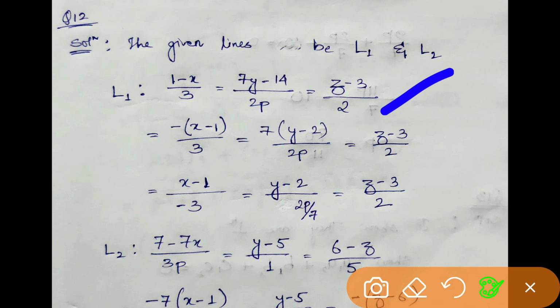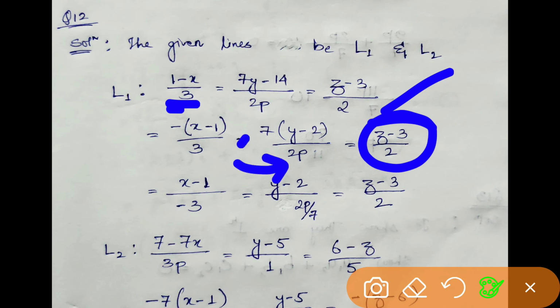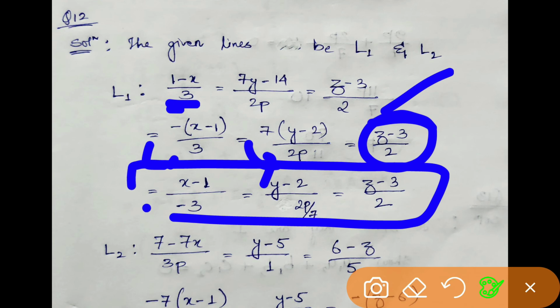So I will bring x, y and z in front and make their coefficients 1. I have taken minus common so that x becomes positive and comes in front. Here I have taken 7 common. Here nothing has to be changed. This I will take to the denominator because I need my coefficient of y as 1. This minus also I have taken down, and the 7 taken down. So I have transformed them into the standard form.